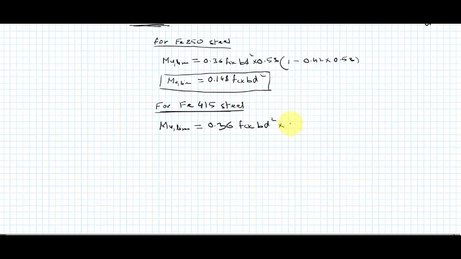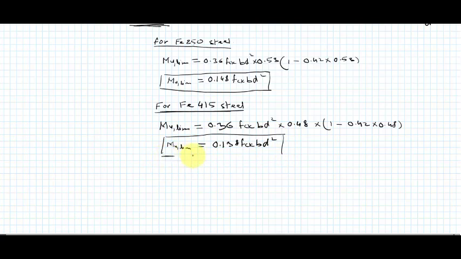It is 0.48 into 1 minus 0.42 into xu max by d, and xu max by d is 0.48. So we get Mu lim equal to 0.138 fck b d square. So for Fe415 steel, the limiting moment of resistance is 0.138 fck b d square.